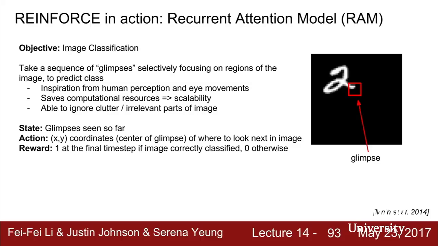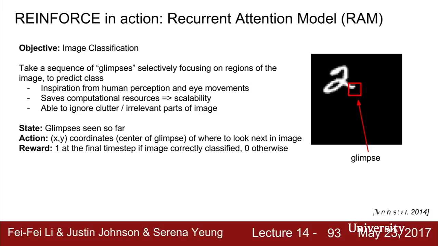The reason that we want to do this is, first of all, it has some nice inspiration from human perception and eye movements. Let's say we're looking at a complex image and we want to determine what's in the image. We might look at a low resolution of it first and then look specifically at parts of the image that will give us clues about what's in it. And this approach of looking around the image at local regions also helps you save computational resources.